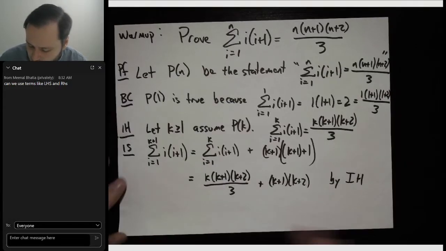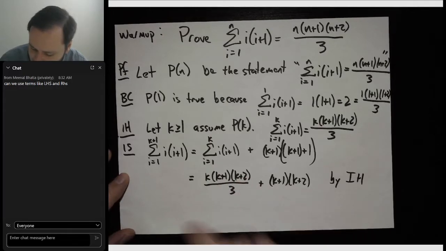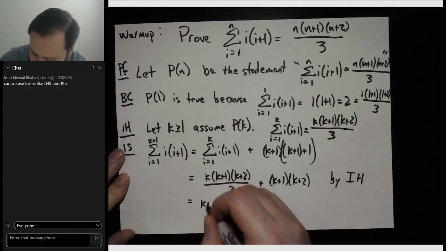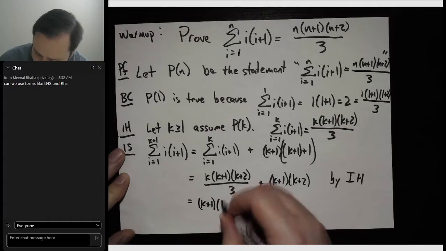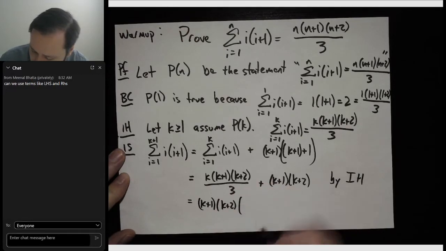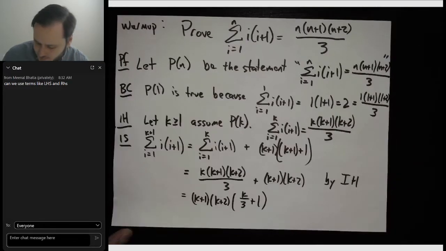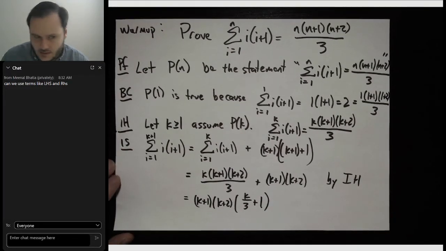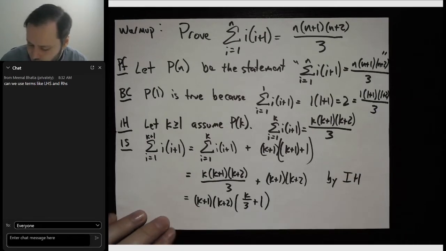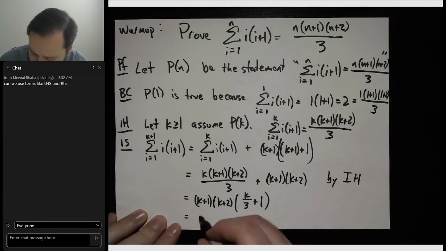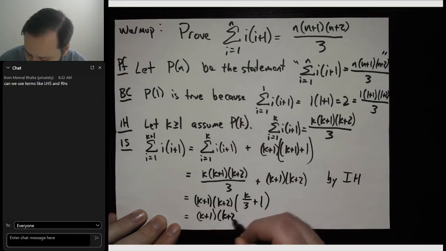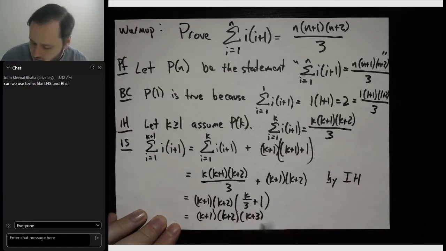And now I just need some algebra. I have a k plus 1 and a k plus 2 in both of these that I can factor out. And what I'm left with is k divided by 3 plus 1. I combine this fraction, this is 3 over 3, I'm going to get k plus 1 times k plus 2 times k plus 3 divided by 3, or I can move that divided by 3 over here.